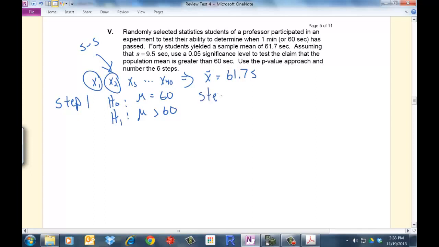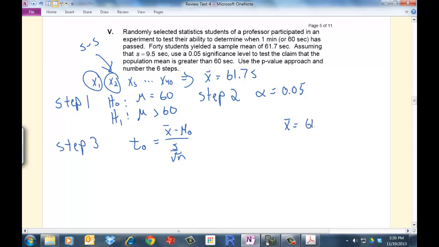All right, so step 2, alpha equals 0.05. Step 3, compute the test statistic. So we know by now that that's T0 and not Z0. X bar minus mu 0 over S over the square root of n. So X bar is 61.7.